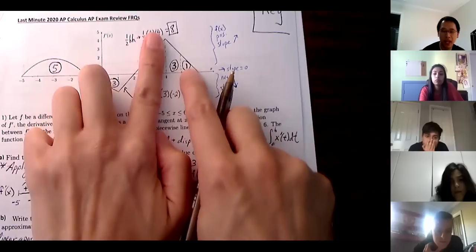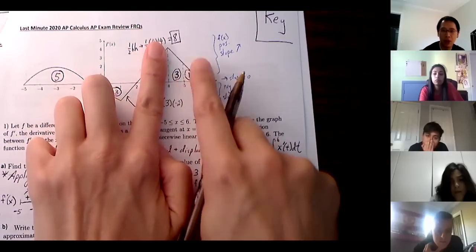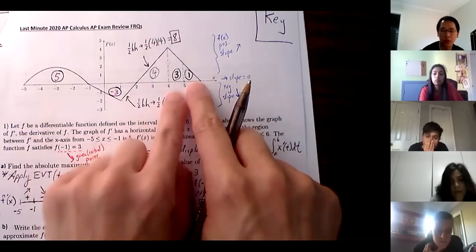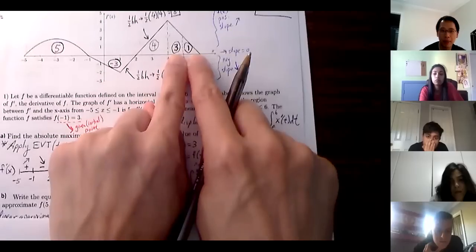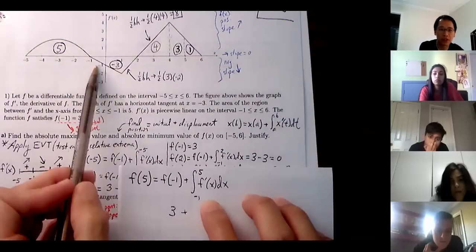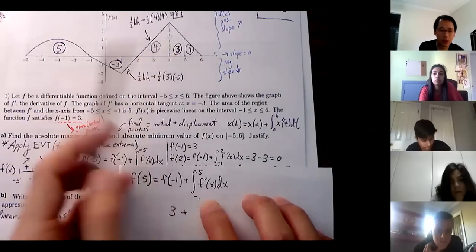And then you can figure out the area of this smaller region, which is 1. If the large triangle is 4 and the small triangle is 1, then 4 minus 1 is equal to 3. So we can figure out that region is 3. And now we can total our regions from -1 to 5. So from -1 to 5, it's going to be -3 plus 4, which is 1. 1 plus 3 is 4.